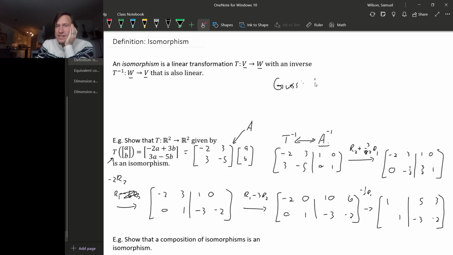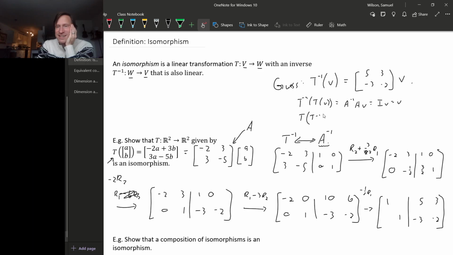Okay, so now our guess for T inverse is that T inverse applied to a vector should be just this A inverse, which is 5, 3, minus 3, minus 2, times V. But look, this is obvious. This is clearly right, because T inverse applied to T of V is just A inverse times A times V, but A inverse times A is the identity times V, but that's V. And then the same the other way, right?